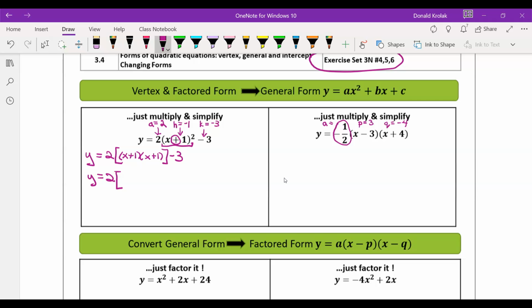X times x, x squared, x times 1, 1x, 1 times x, and then 1 times 1. Then I got 2 like terms right here. Put those guys together.